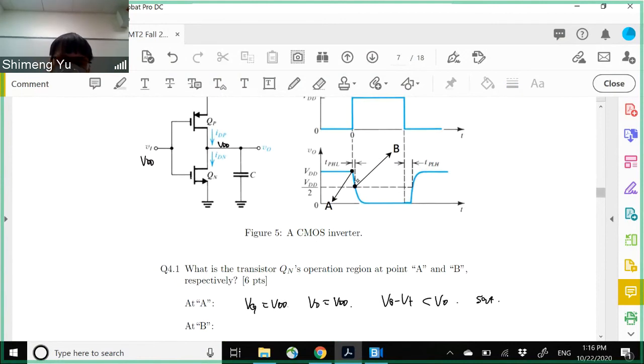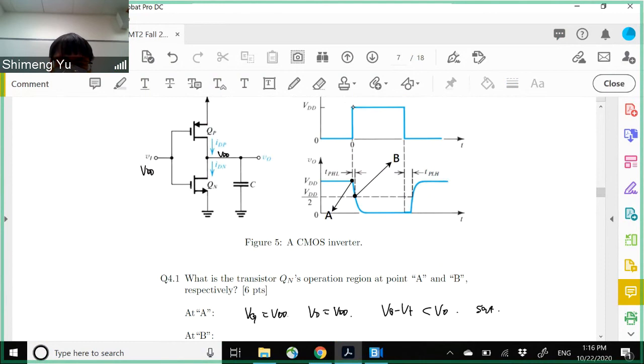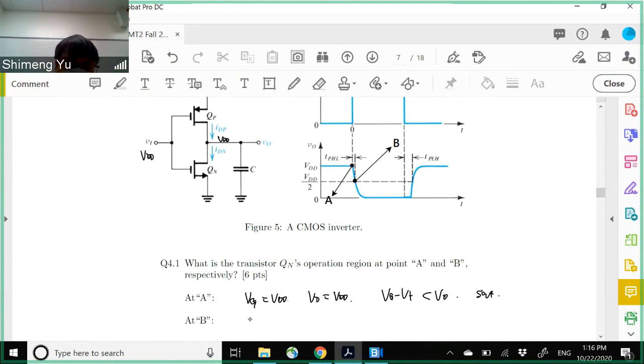How about point B here? The input is always kept at VDD, right? That means the gate voltage is VDD. But now the output changed to half VDD.